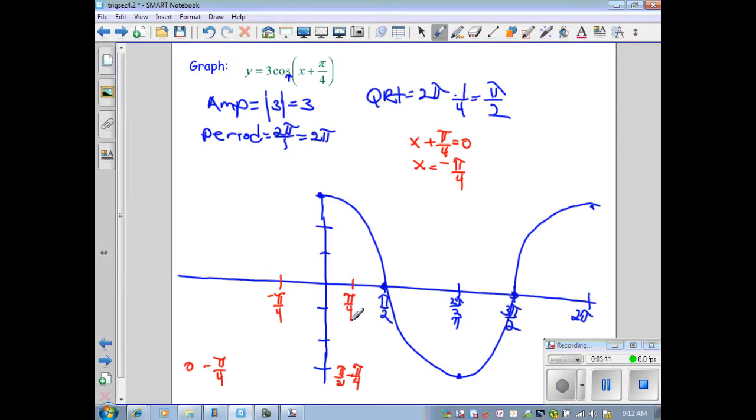Then pi, or 4 pi over 4, minus pi over 4, which would give me 3 pi over 4. Then 3 pi over 2, or 6 pi over 4, minus pi over 4 will give me 5 pi over 4.